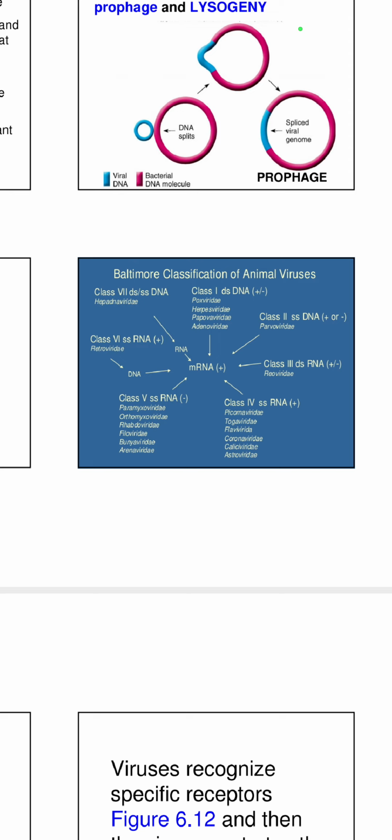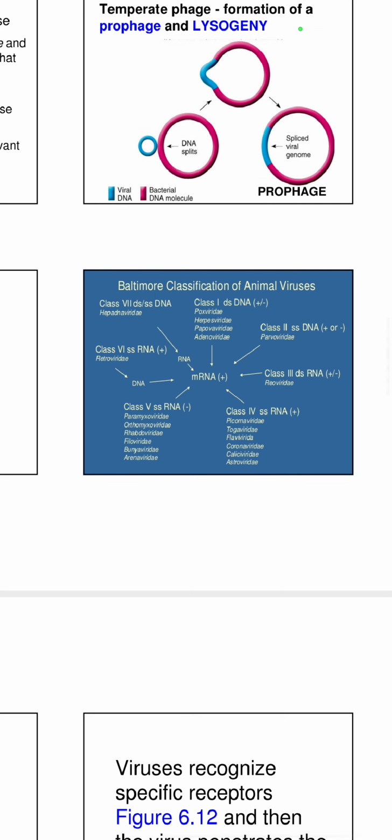And now, the last groups of the Baltimore classification of animal viruses: groups 6 and 7. These are the reverse transcribing, or RT, viruses. They have either an RNA or a double-stranded DNA genome.